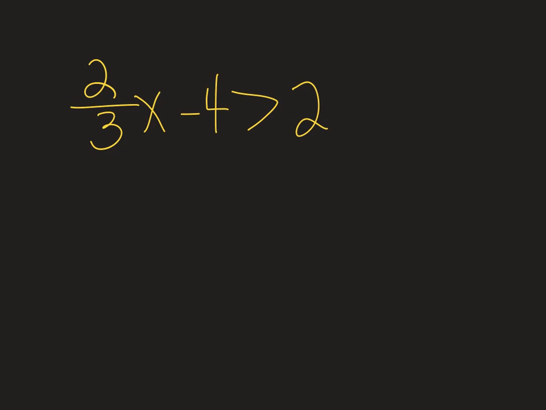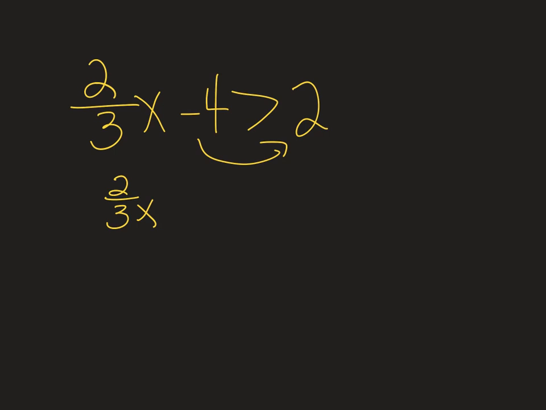All right, so we have 2/3 x minus 4 is greater than 2. Now, my goal here is I've got to move this negative 4 over through its inverse operation. Okay, so 2/3 x.